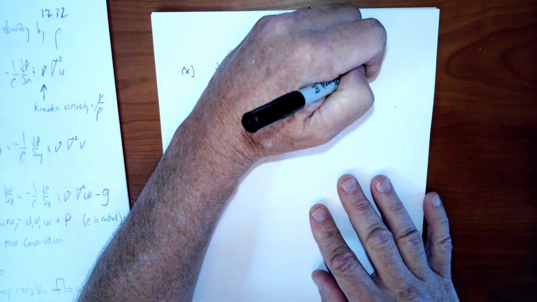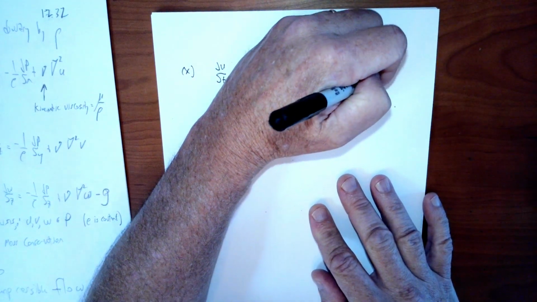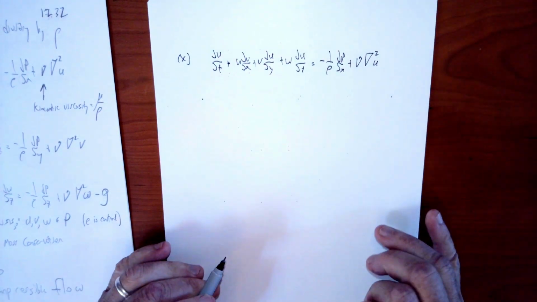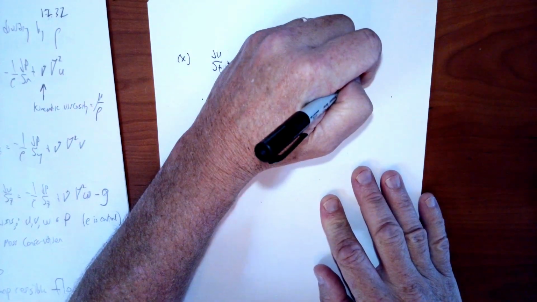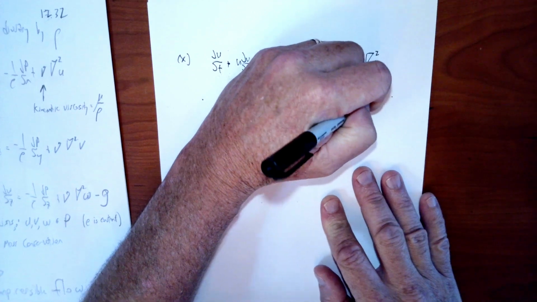But in the next term, we actually go to nu. This is that kinematic viscosity we learned about earlier when we were studying viscosity.